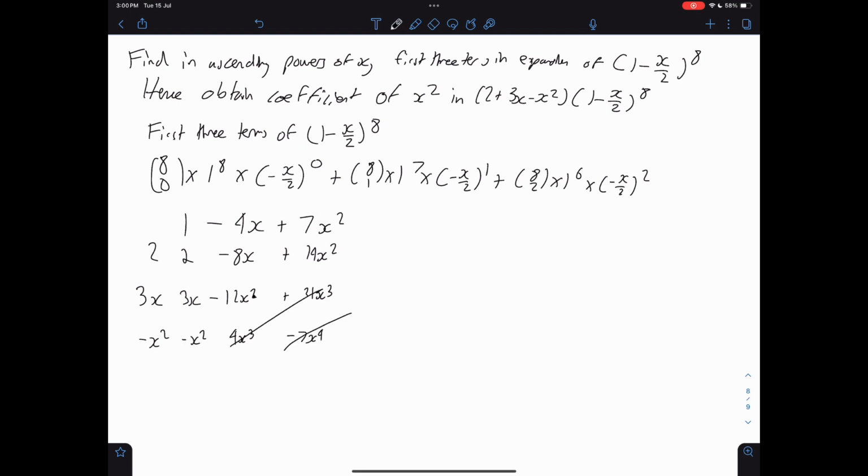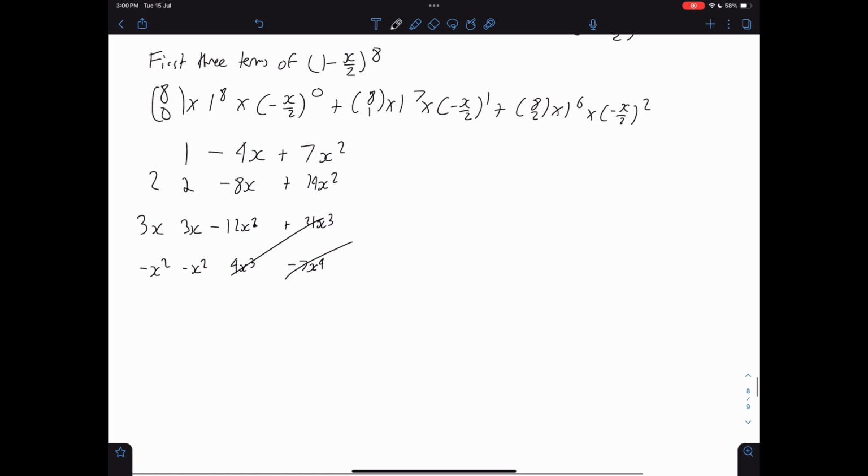And then you'd cross out all those x cubed and that x to the power of 4, because you don't need those. You only need the ones up to x squared. And then you just add up all the like terms, collect like terms and simplify. And that coefficient is 1. So that's our answer.